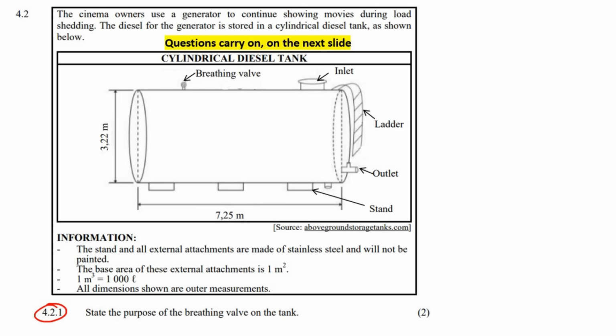So here they're using a generator to continue. Oh, by the way, at the same cinema where I stay, on one of the nights, one of the generators actually blew up. The problem is that these companies are buying all of these generators, but they're not servicing them properly, and they're just letting them run so many hours without making sure they're being well taken care of.